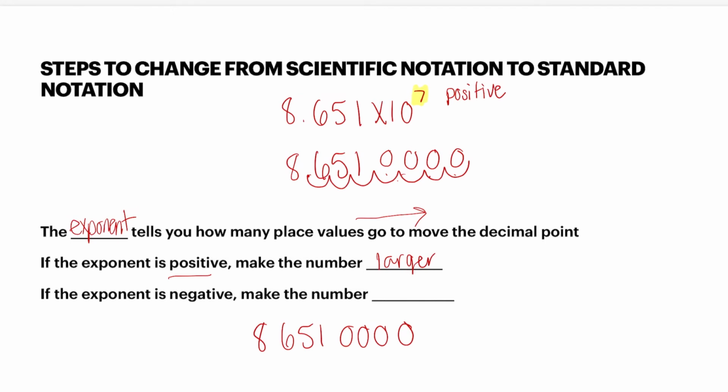If you didn't know this, you count from the back of the number every 3 spaces to put your commas in. Oops, that's the wrong place though. So this would be 86,510,000. It's a pretty large number.